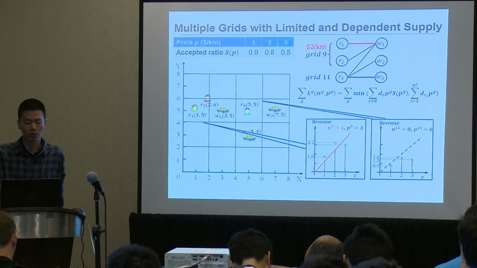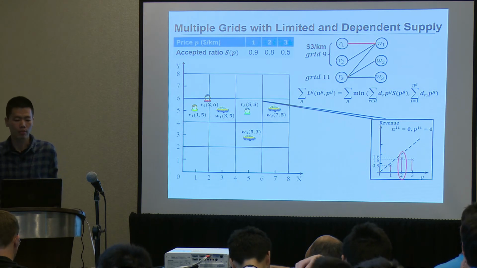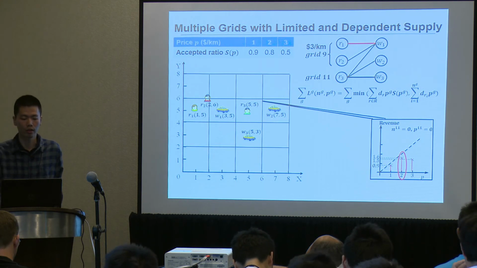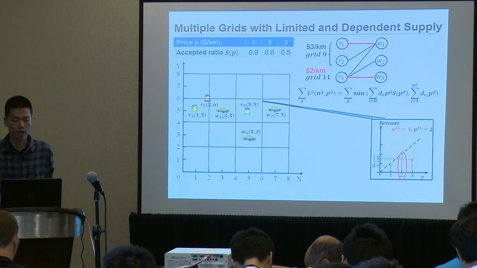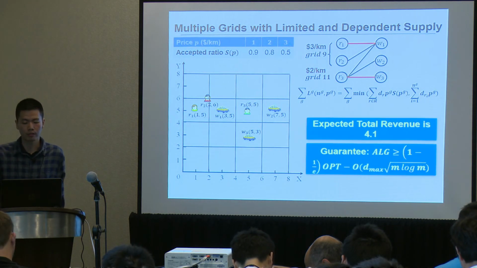We make this increase by modifying N_9 as 1 and marking a requester-worker pair in the matching. Since there's no worker who can be the supplier of grid 9, there's only grid 11 left. We make this increase and the pricing is done. The expected total revenue is 4.1, which is larger than the case where we stick to the base price.